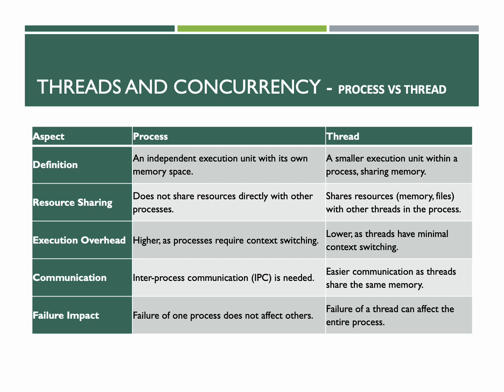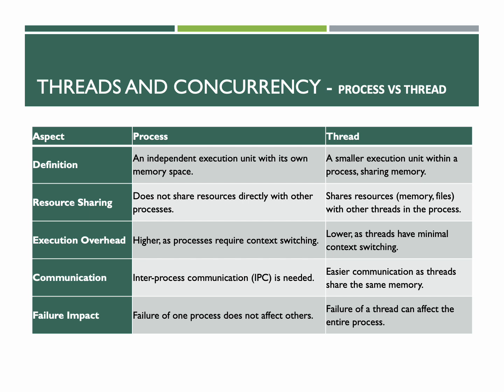Second, for resource sharing, processes do not share resources directly with other processes, ensuring better isolation, but threads share memory and resources with other threads in the same process, enabling faster communication and lower overhead.